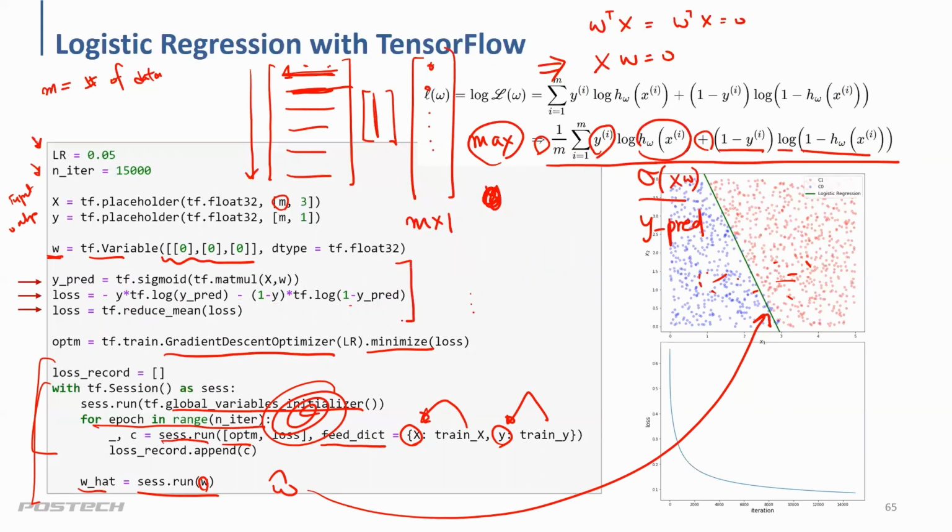You have to keep an eye on it. And pretty much this part is the same: you define the optimizer and do gradient descent iterations, and in each iteration we feed the training X input and outputs into the placeholders and run it.